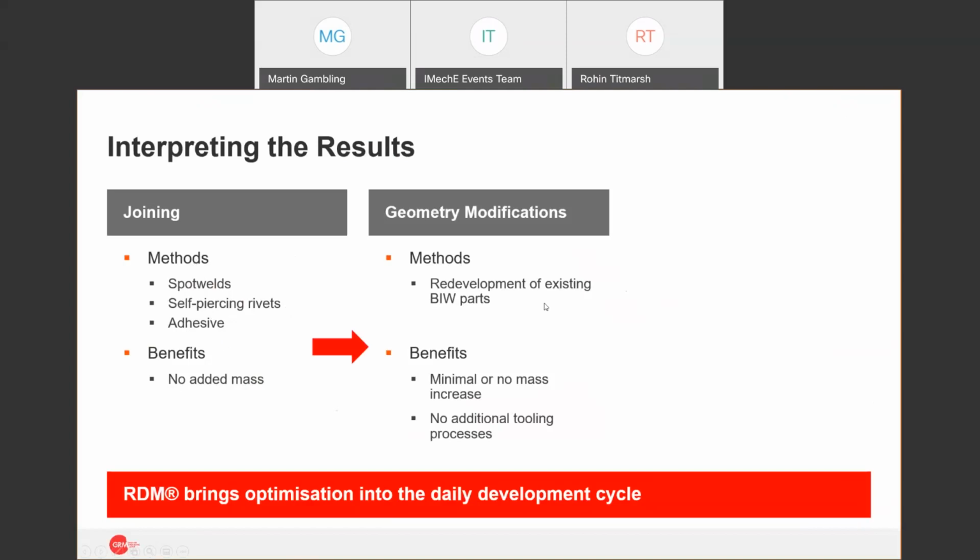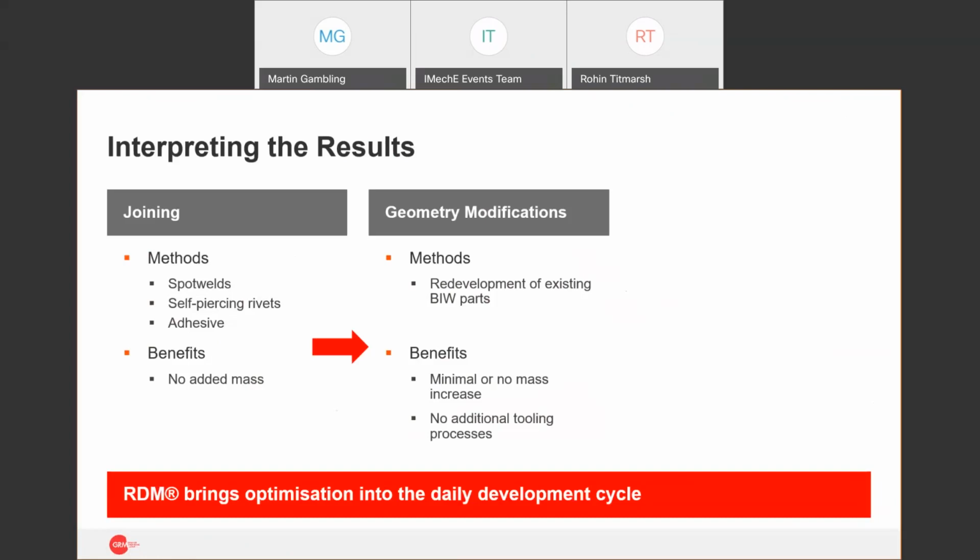Second way we can interpret that RDM result on a body in white level is to redevelop geometry in the area. So what we learned over the years is a lot of people, well, when you design a body in white, it's not one person drawing a whole body in white. There are dozens. Somebody doing the front subframe, somebody doing the sills, somebody doing the roof, B-pillar, and they all design their part.